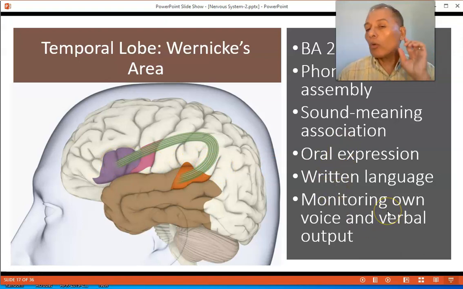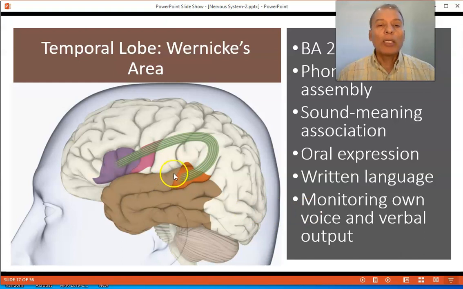For monitoring your own voice and for monitoring your own verbal output. Am I sequencing the phonemes correctly? Am I putting them in the right place? And then also for comprehending what someone is saying. Even if you are reading something, it is comprehended in this area.